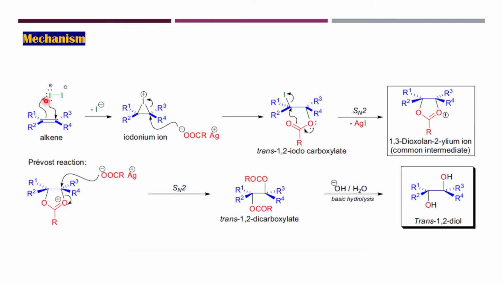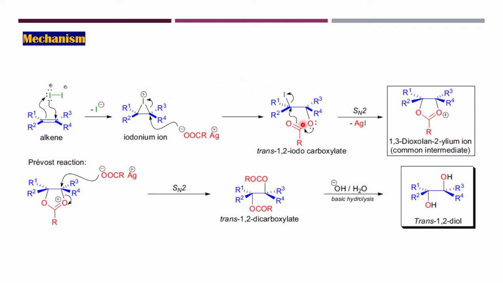So out here we can see that there is an electrophilic addition of the iodine to the alkene, leading to the formation of the iodinium ion. In the medium we are having the silver carboxylate, which will make a nucleophilic attack, and for that the iodinium ion will open up.